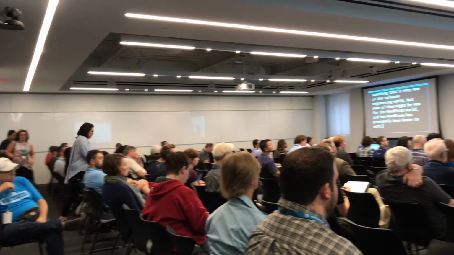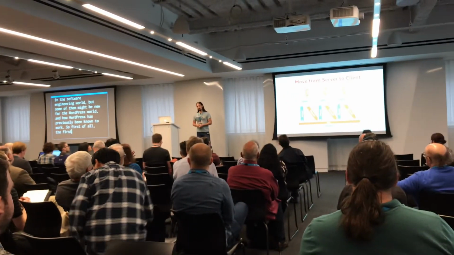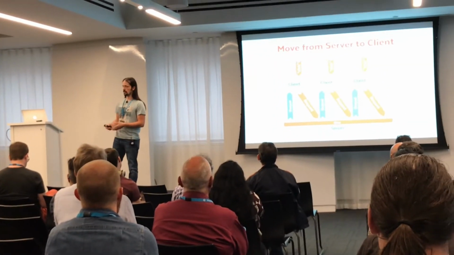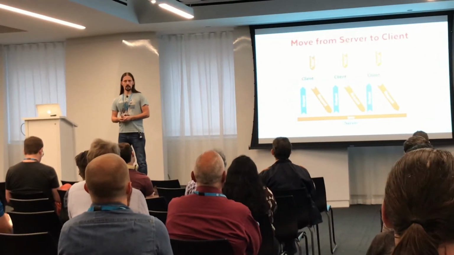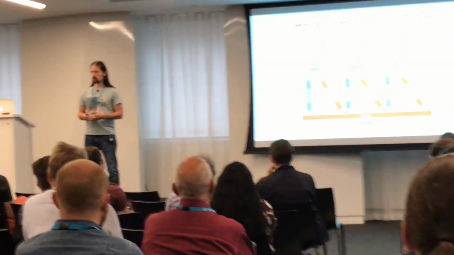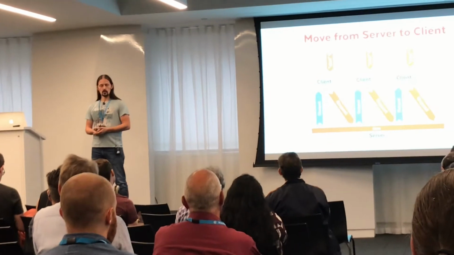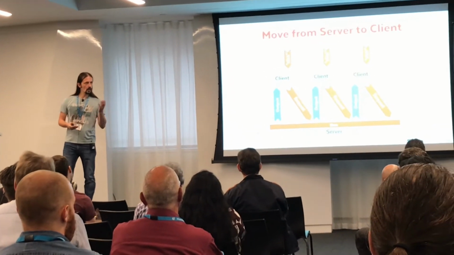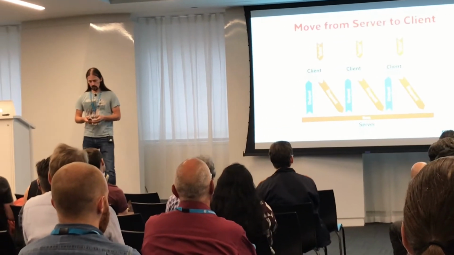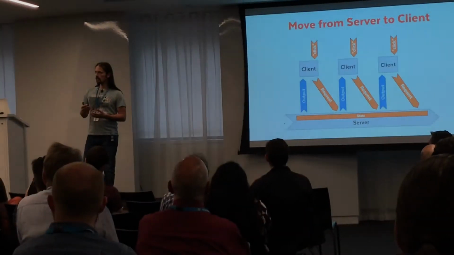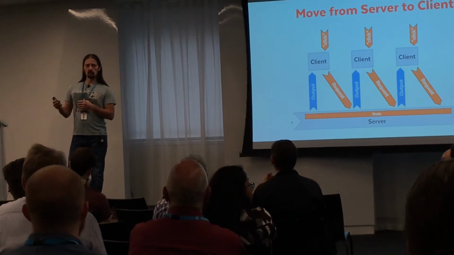So the first challenge is that we will see a move from the server side to the client side. Gutenberg itself basically runs on the client side as a JavaScript application. This means that on the old system, like WordPress works now, when you click on a link in an admin page, it will not change this admin page.